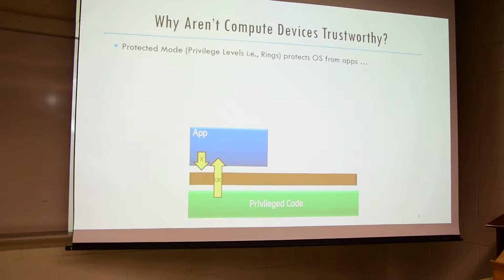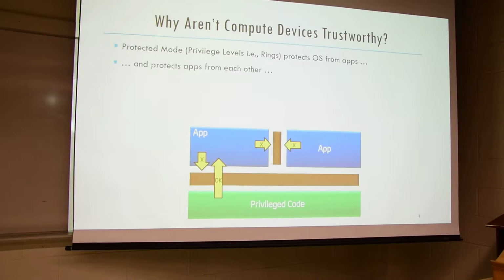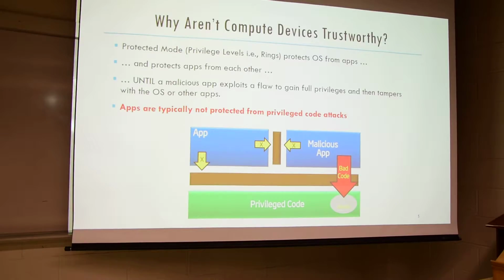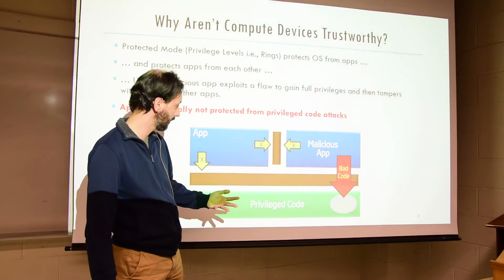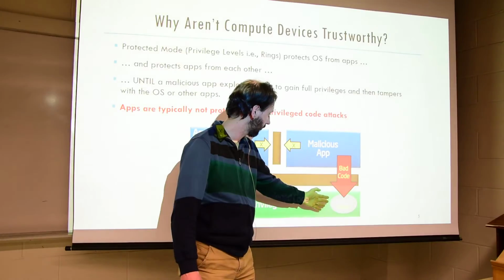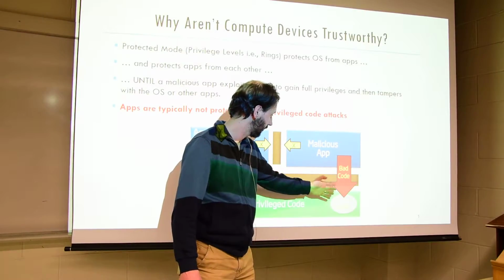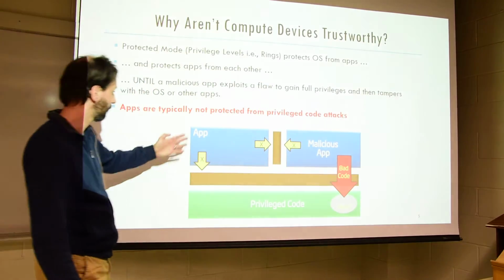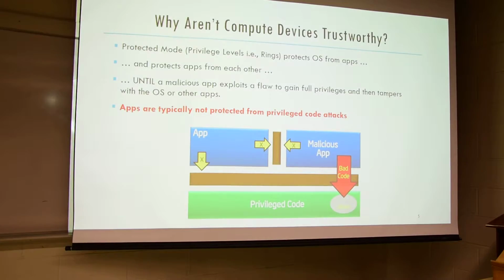Unfortunately, an application can be exploited to get access to this higher ring and then can launch attacks. So we want to make sure that that does not happen, but unfortunately, at the current state of affairs a malicious app with bad code can somehow get a privilege escalation, then is able to actually get into other applications as well.